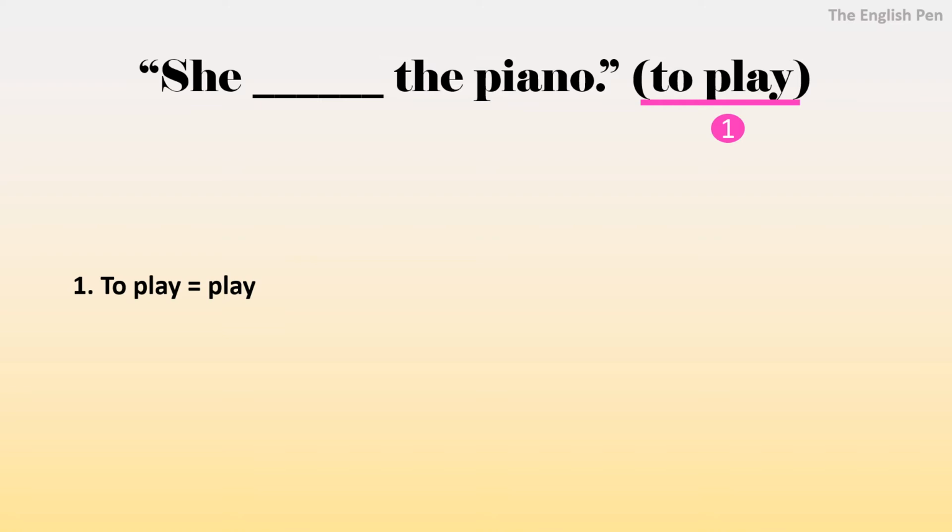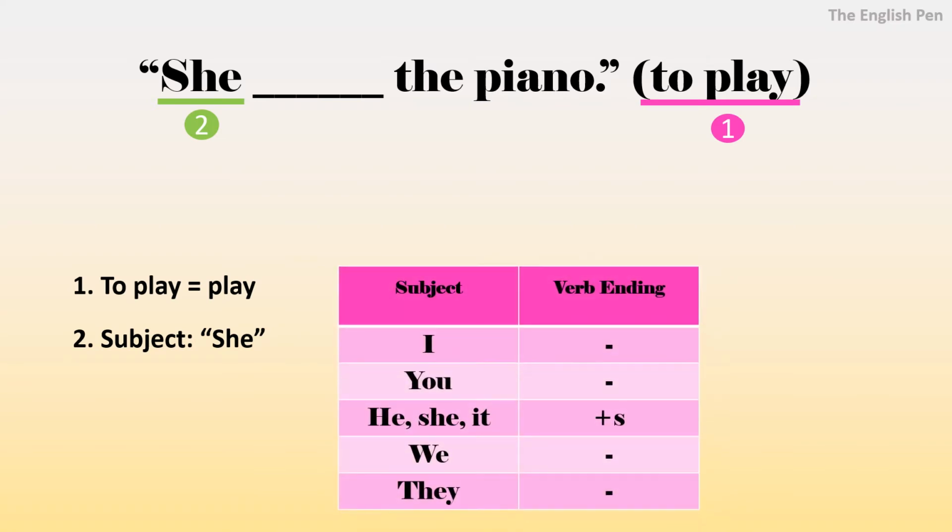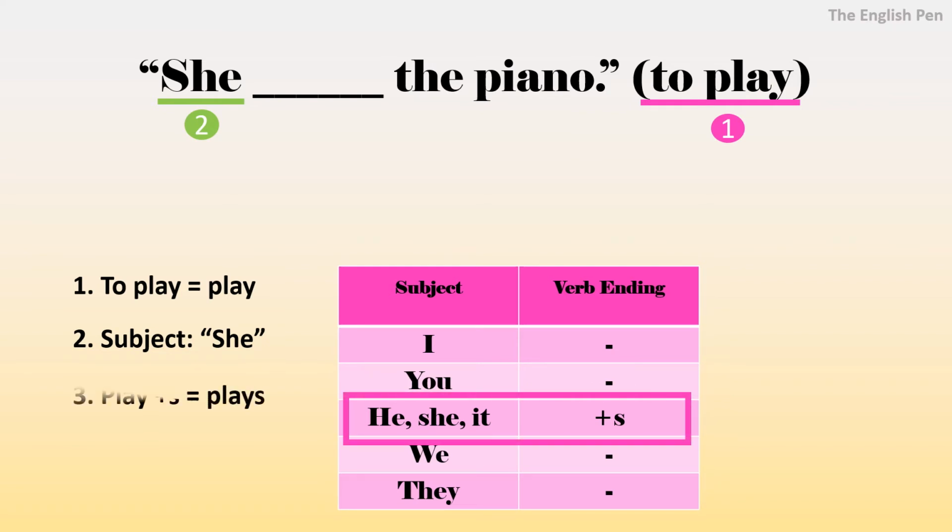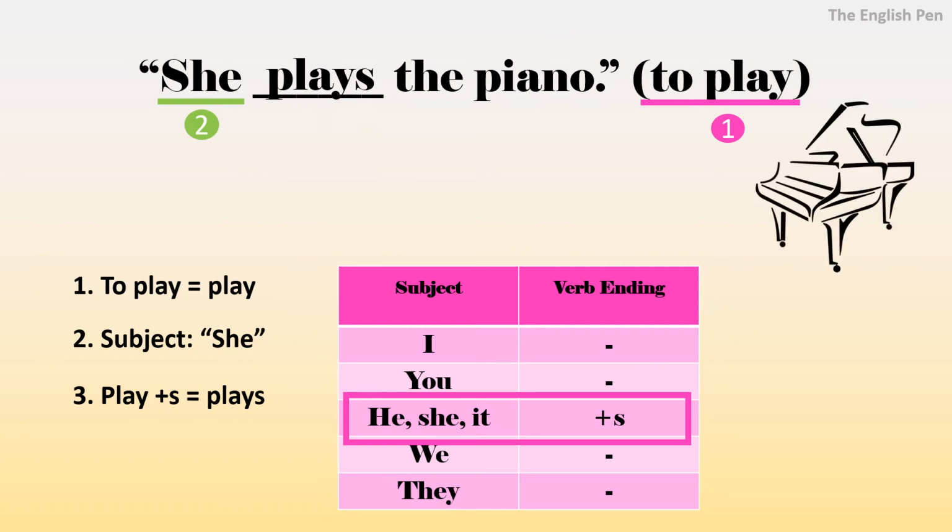Next, identify the subject by asking, who is this sentence about? The sentence is about she, so she must be the subject. Then, refer to the chart. For she, we add an S to the base form, so play becomes plays. She plays the piano.